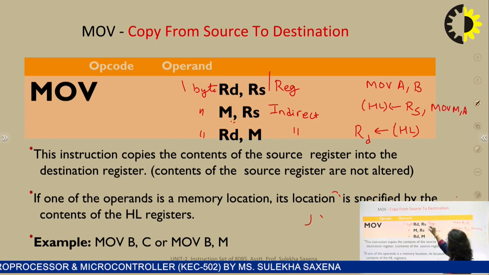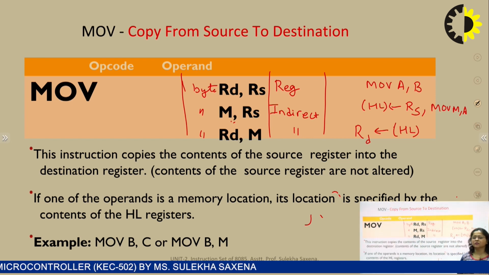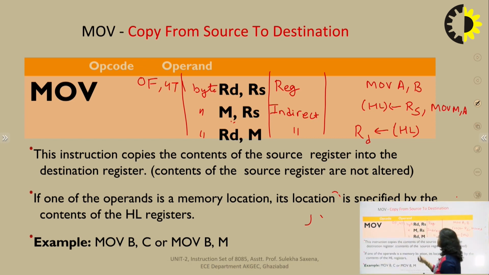Now when we talk about the machine cycle, in the first only two registers are there, so only the opcode fetch machine cycle will be there and only 4 T states. Whereas in the second instruction, the register content is copied to a memory location, that is written into memory location. So opcode fetch plus memory write.